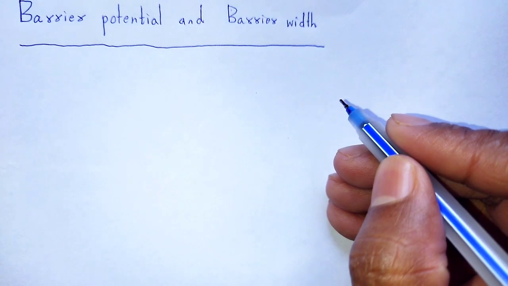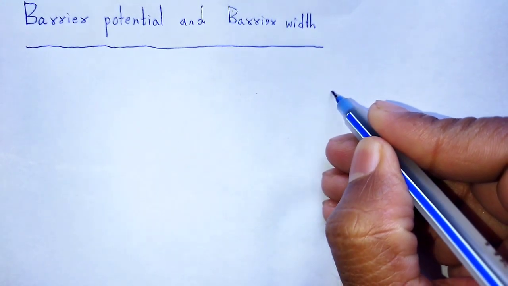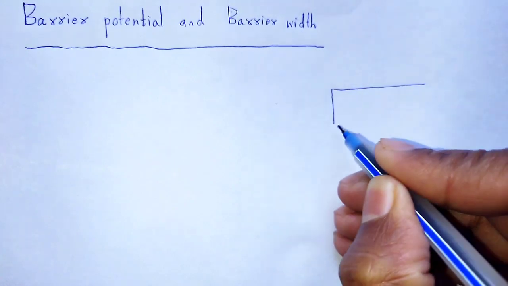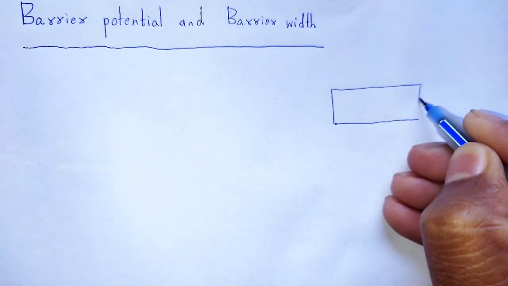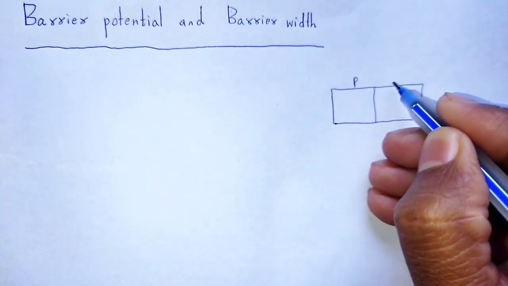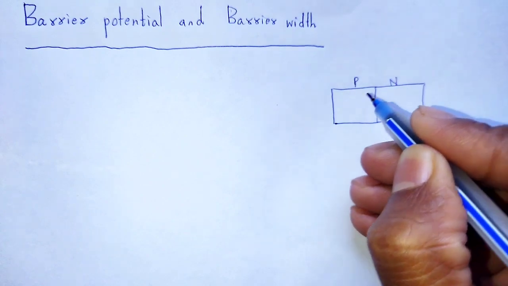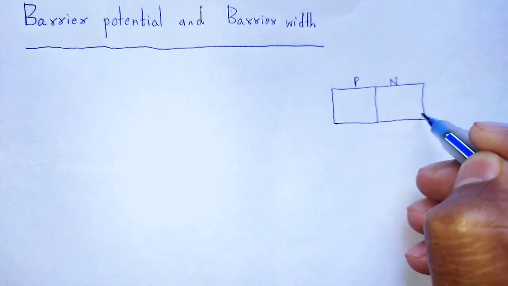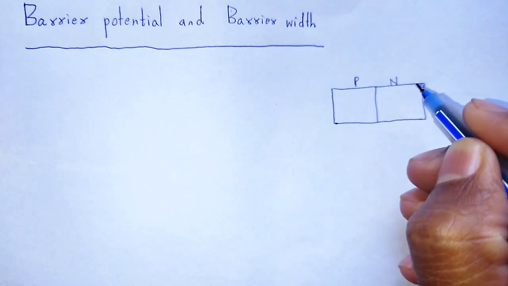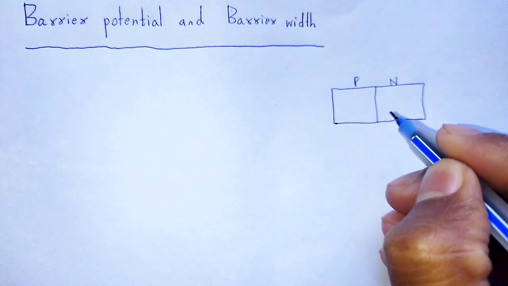To calculate barrier potential and barrier width mathematically, we have to consider a step graded PN junction: P type semiconductor, N type semiconductor, and the doping concentrations of P type and N type are almost constant throughout the junction.